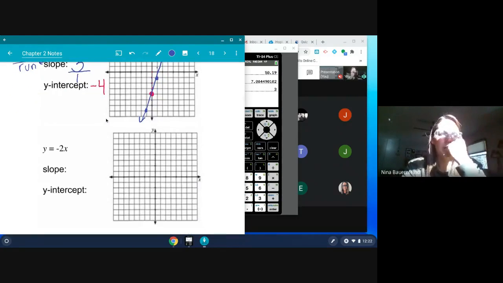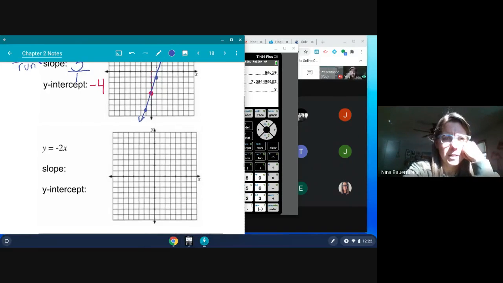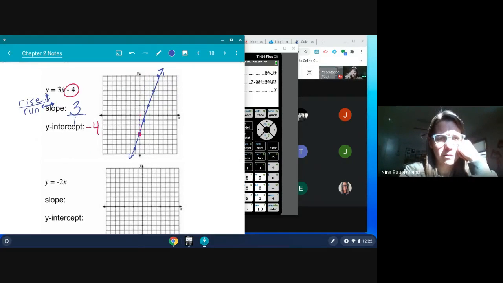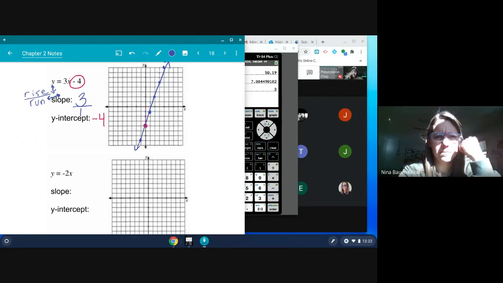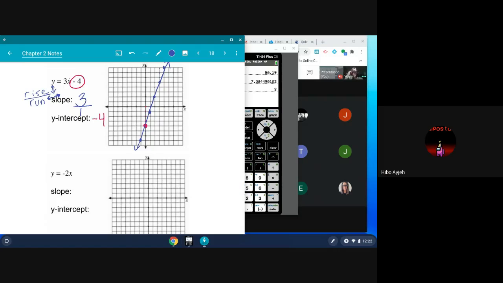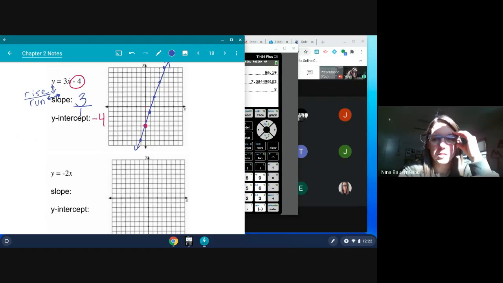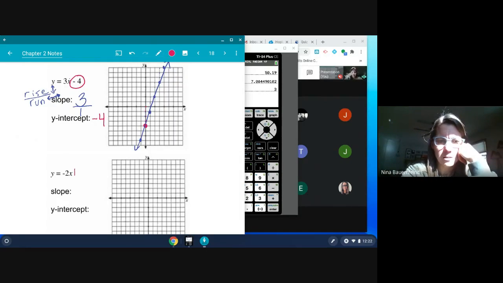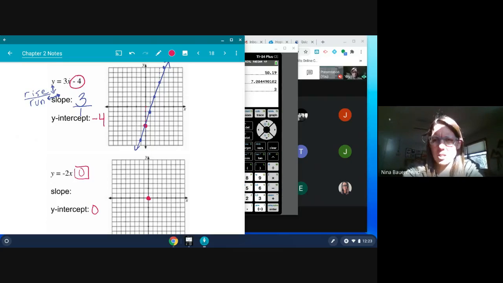Okay, now this one is also a little bit different. What's weird about this one? Why does this one look different? It just has a -2x, which means it's missing the y-intercept. If there's nothing here, it's like 0, which means that is where it's crossing. Did everybody catch that?